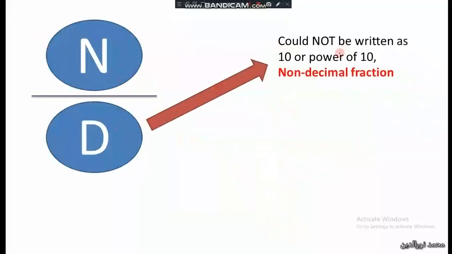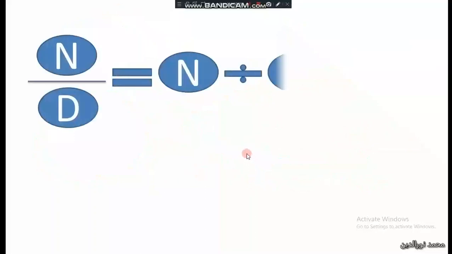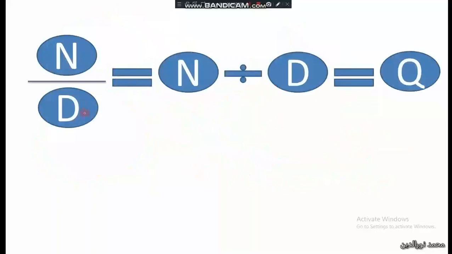So for n over d, numerator over denominator, if d could not be written as a power of 10, that means it's not a decimal fraction. If the denominator could be written as 10 or a power of 10, then we say this fraction is a decimal fraction. Another way to know is to look at the quotient n divided by d.